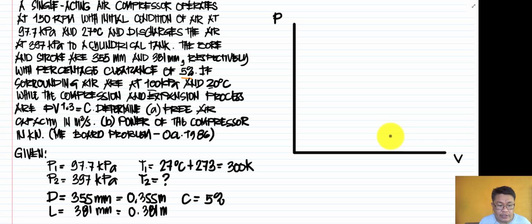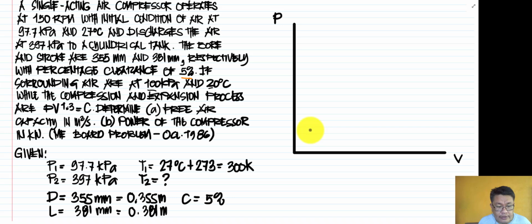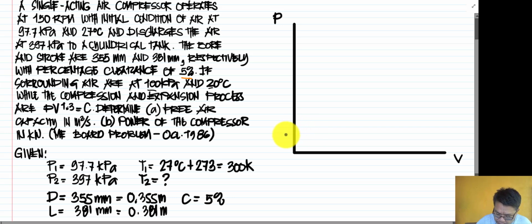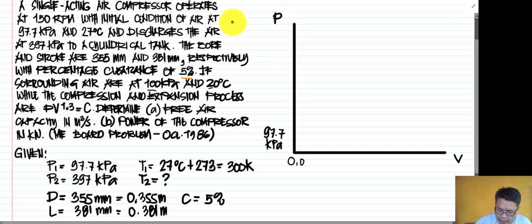Now for your P1, if you're going to plot that in our pressure and volume coordinates, we have your P1, which is 97.7. Sorry, so it is low. So if you plot that, it is here near the origin, your 0 coordinates. So we have here your 97.7 kPa.